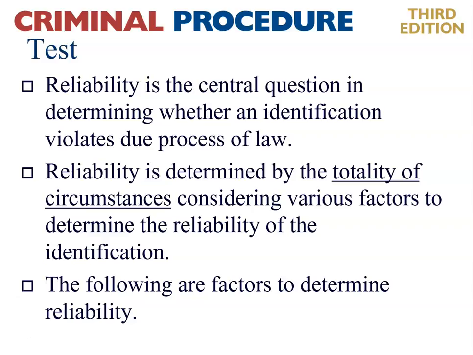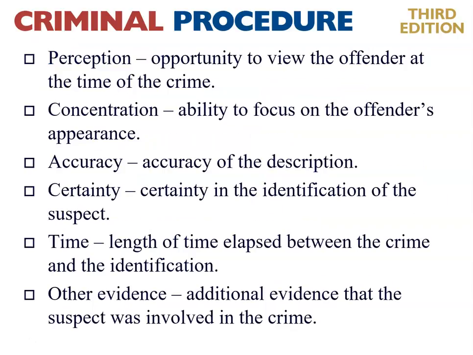And the test of reliability is basically the central question in determining whether an identification violates due process of law. And here, reliability is determined, again, by the totality of the circumstances, considering various factors relating to the witness's observation of the offender. The judge is going to use some factors to consider the reliability of someone's identification.